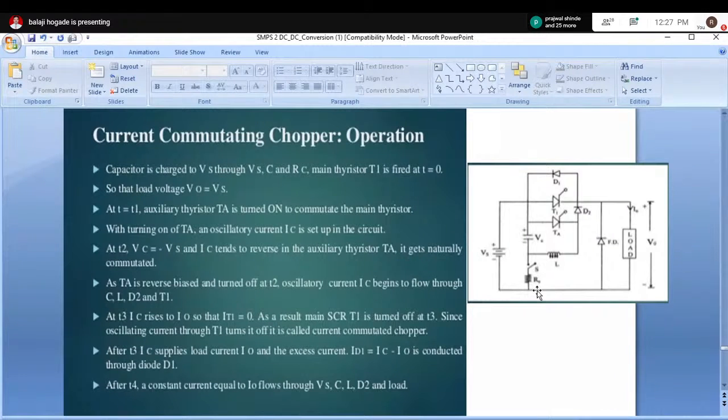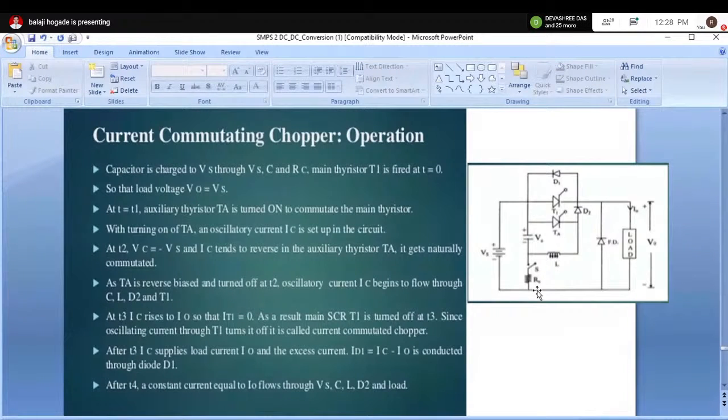Main thyristor T1 is fired at t equal to 0. That means in the beginning on the waveforms we can show t equal to 0, where we apply the trigger pulse to main thyristor T1, so that load voltage V0 is equal to Vs. When the main thyristor T1 is triggered by applying the gate pulses to it at t equal to 0, the load gets connected to the source.